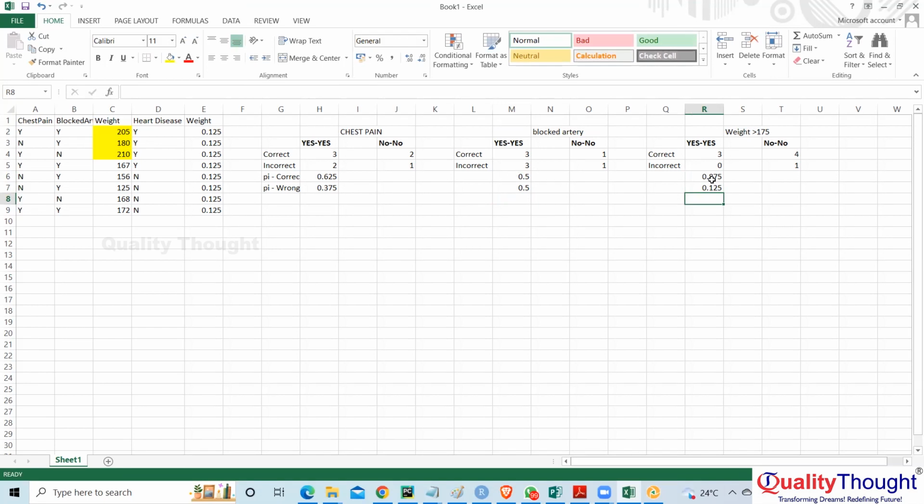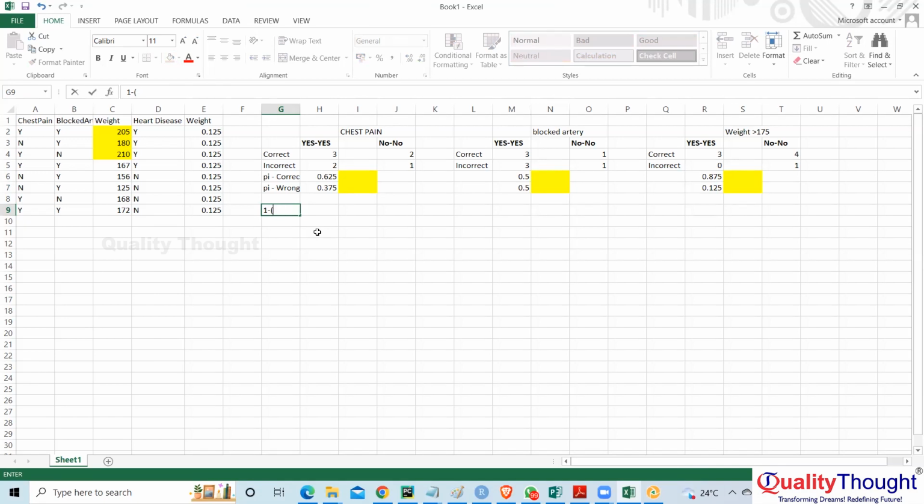So we put square here, and then 1 minus the sum of the squares of pi. So it is like this.